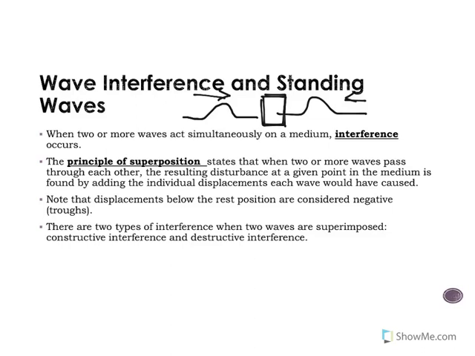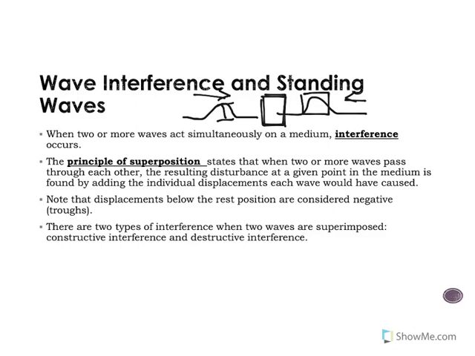It states that when two or more waves pass through each other, the resulting disturbance at a given point in the medium is found by adding the individual displacements each would have caused. So you'll be adding this displacement and this displacement, adding those two together to come up with the superposition of the wave.